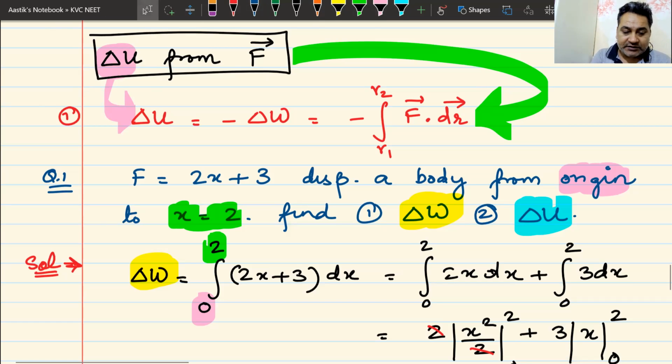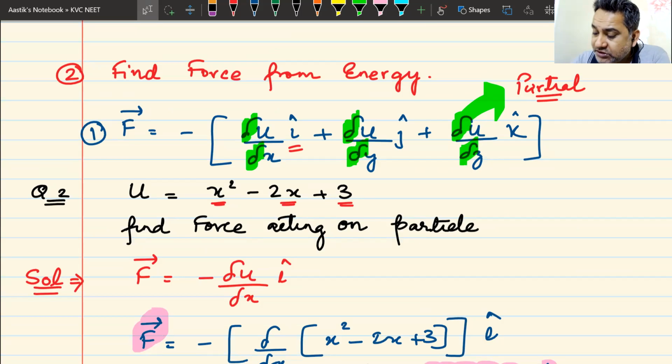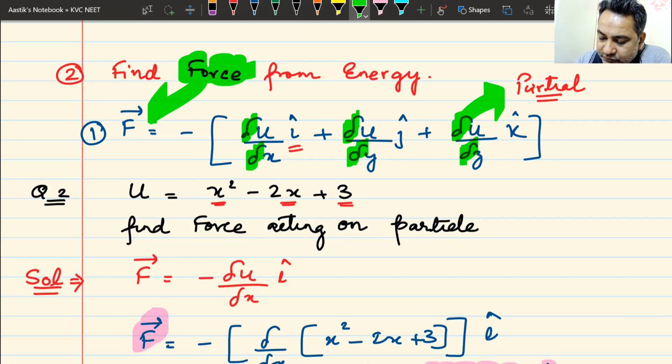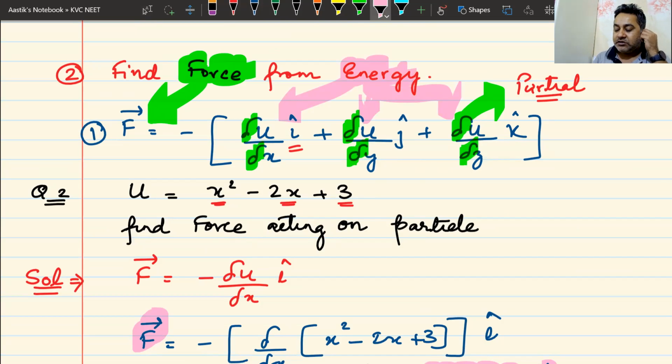Number 2 is what we have done just now. I hope you have noted this down. How to calculate change in internal energy from force, you integrate. Number 2. To find force from energy, you simply differentiate.